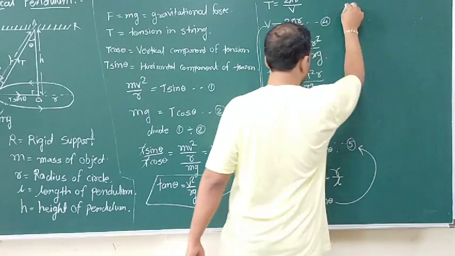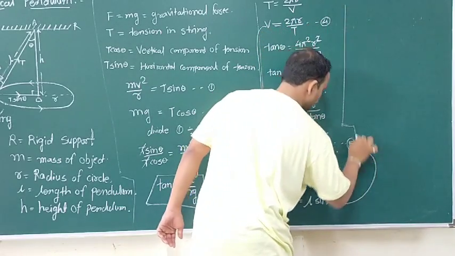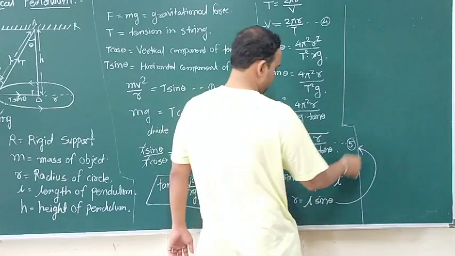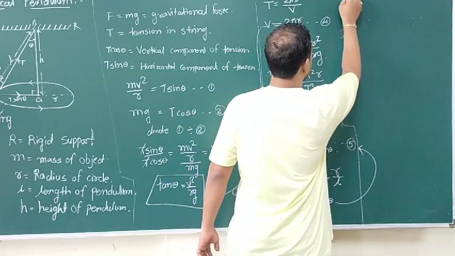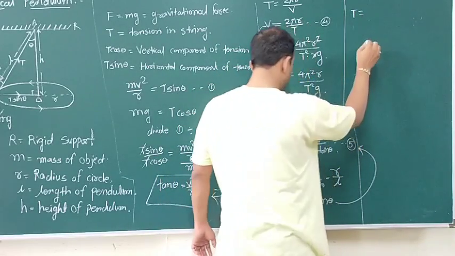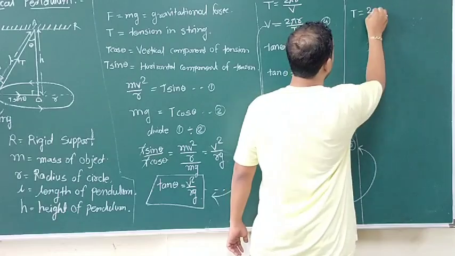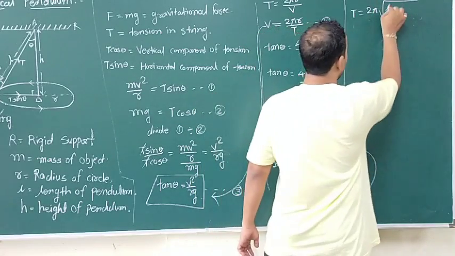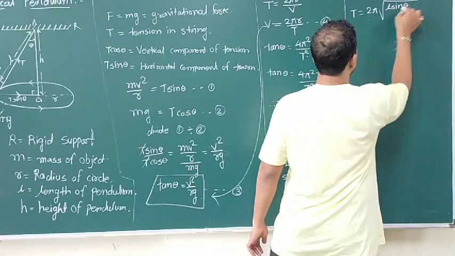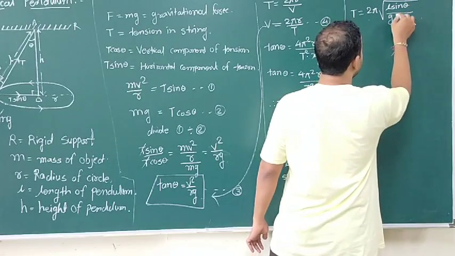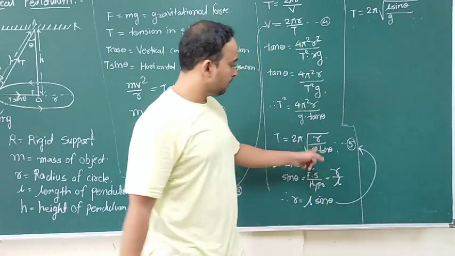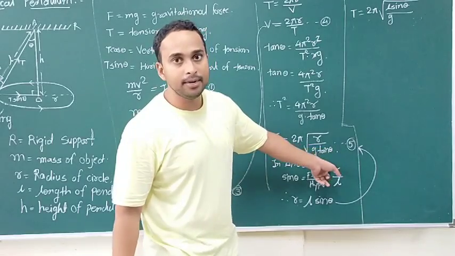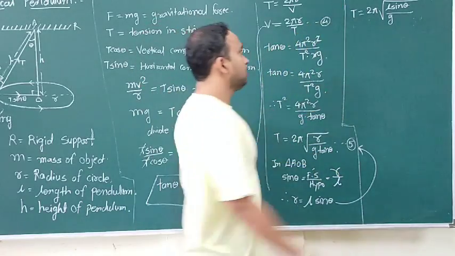So equation 5 becomes T is equal to 2 pi under root R, R means L sin theta, upon g into tan theta. Tan theta can be written as sin theta upon cos theta.